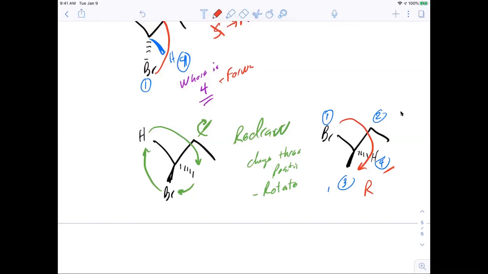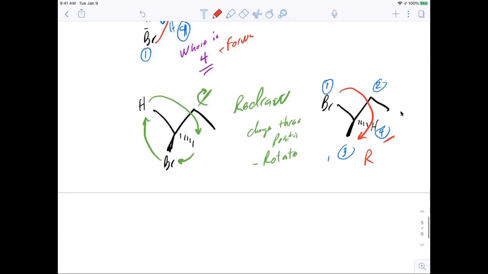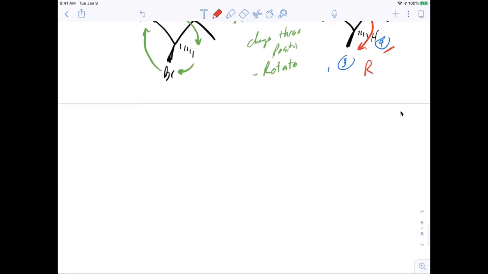So priorities are based on atomic numbers. Once we have the priorities, we figure out if it is R and S. We figure out whether it's clockwise or counterclockwise. And then we check our lowest priority, right? If it's back, we stay where we are. If it's forward, reverse it. If it's in the plane, you're gonna have to redraw it and do it again, okay? So let's try a couple.